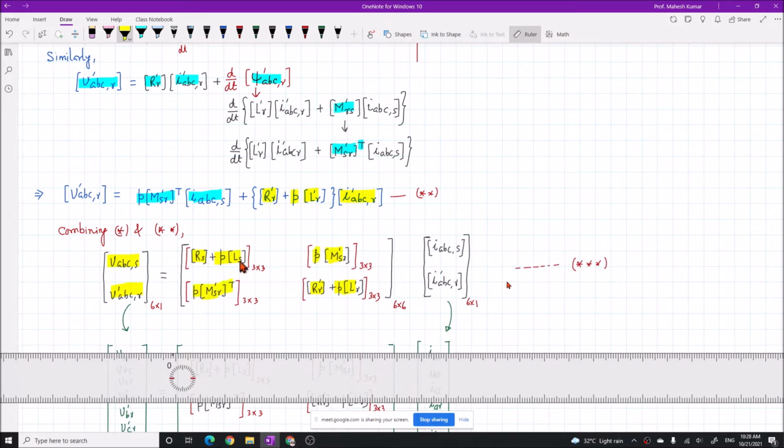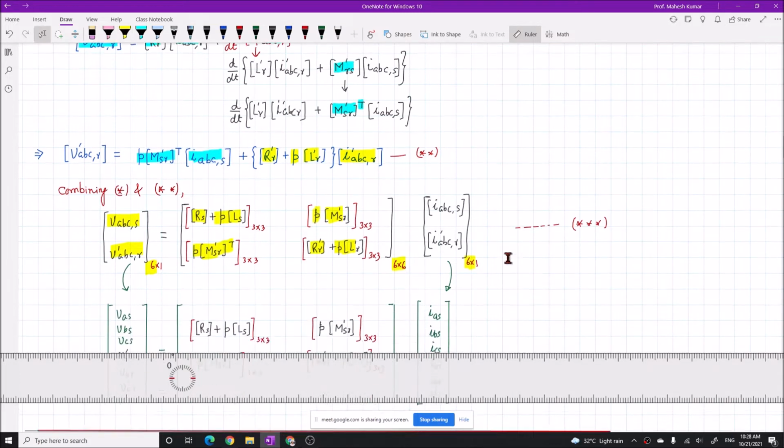The size of each matrix element is 3 by 3, so the whole size is 6 by 6. The voltage and current vectors are of size 6 by 1, so 6 by 6 into 6 by 1 is 6 by 1.